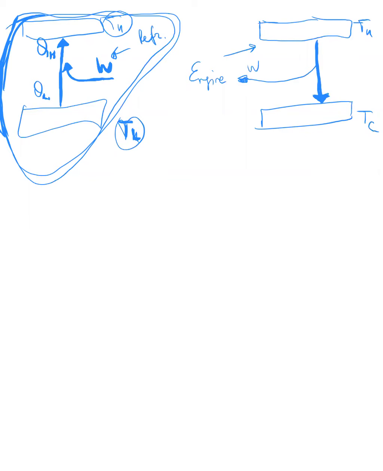Again, if you think about this from the energy conservation point of view, it will become clear that QH must be equal to QL plus W. Because you start with some energy QL, you do some work, which is extra energy. So QH is the amount of heat that you dump.